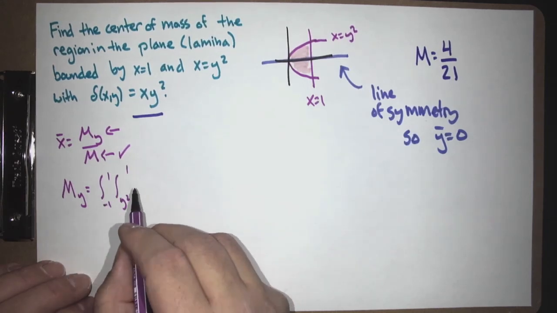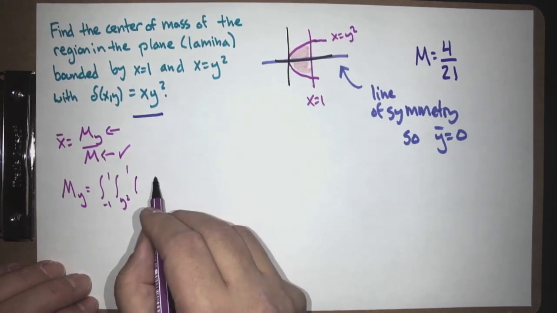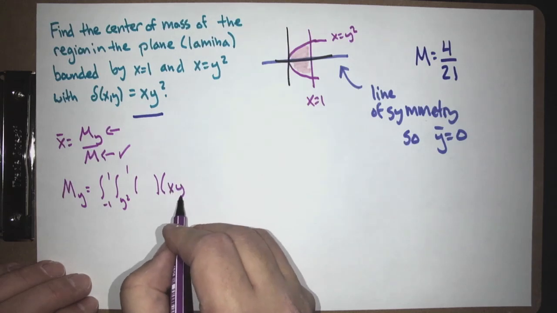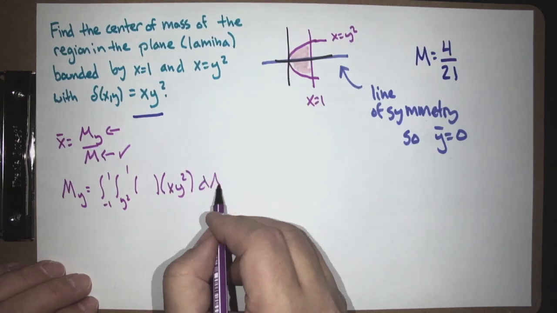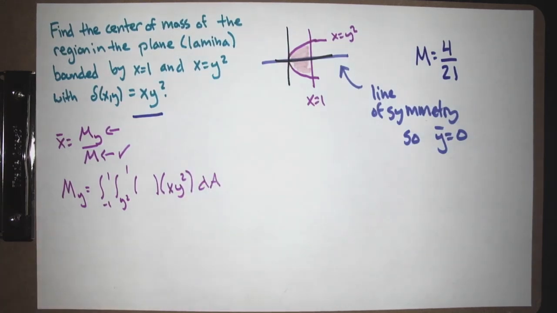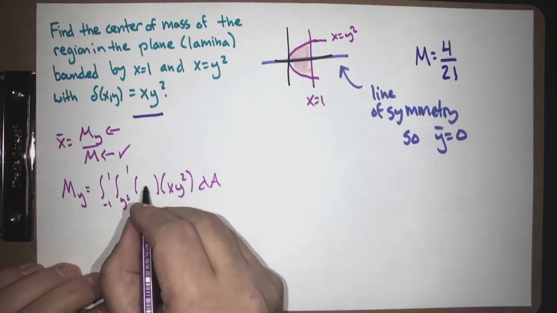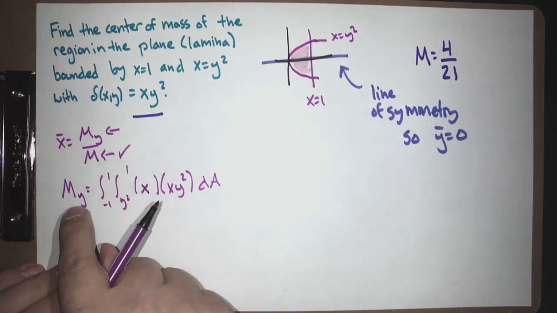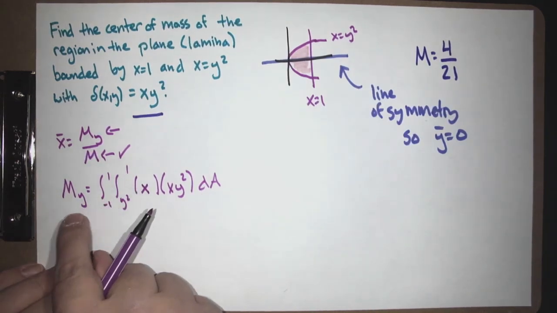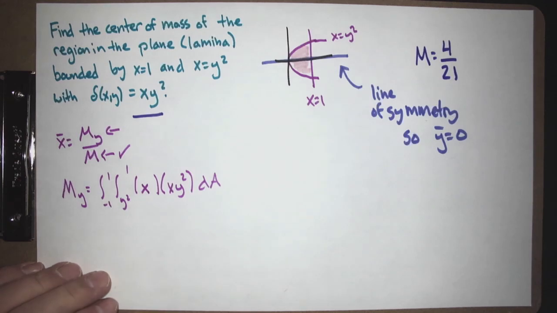Y squared to 1. Then we have distance, we have density, and dA. What goes into our distance slot? X. Good. Make sure you're putting the right value in. Just because that says y, you don't want y. So you say, well, I'm just left with x.